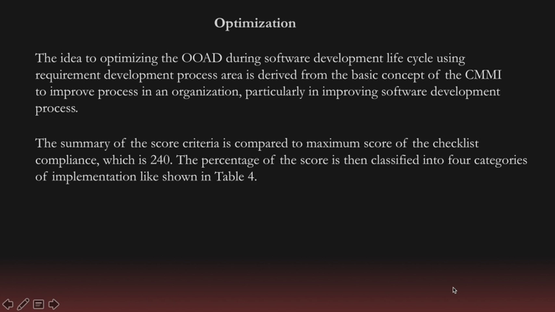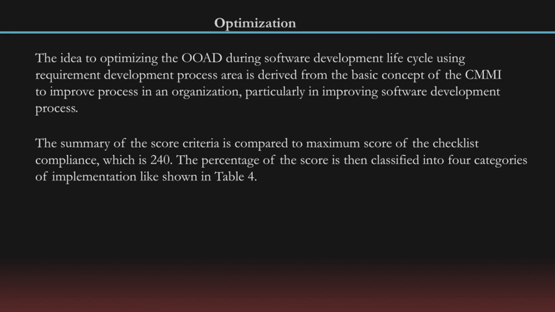So we go to optimizers, and then we will see the results that the authors put in the paper. The maximum compliance for the CMMI criteria is actually 240, and in the paper they got something around 180.